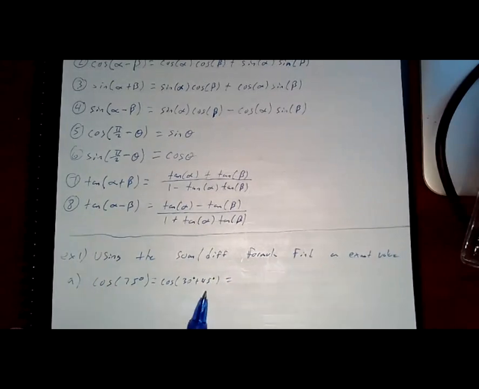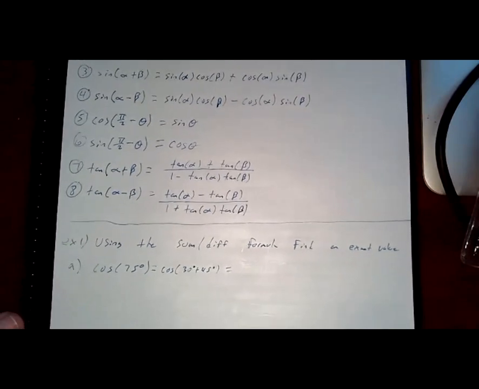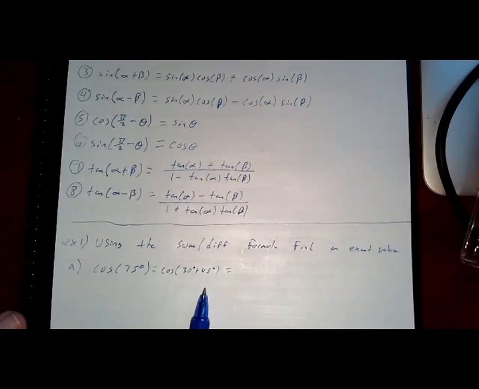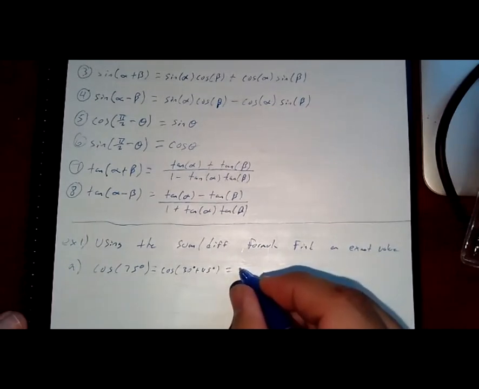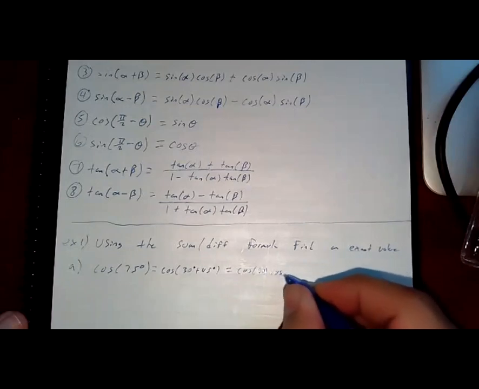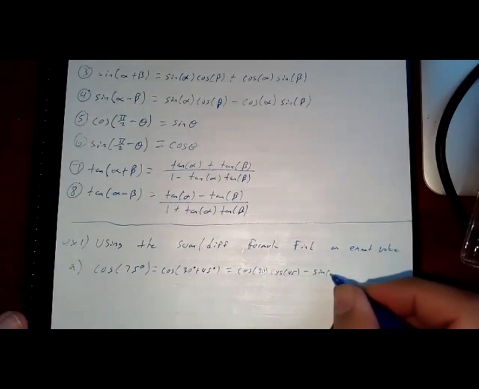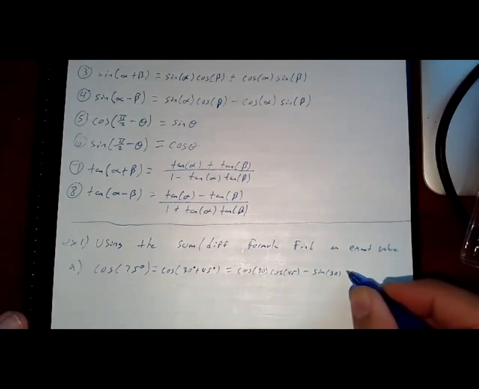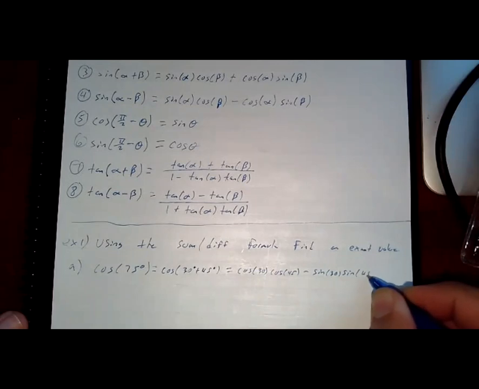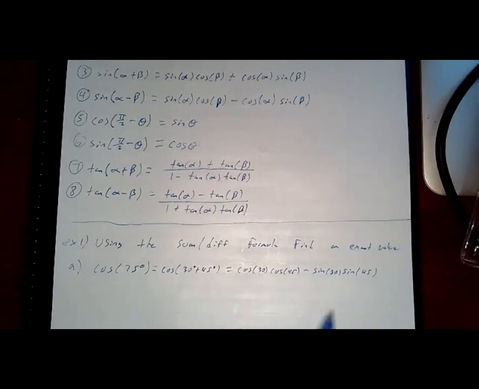I chose 30 and 45 because those are on the circle, right? So I will be using equation number 1. So the formula would be cosine 30 cosine 45 minus sine 30 times sine 45. They're all degrees, right? So these are all easy values that we can find on our circle.